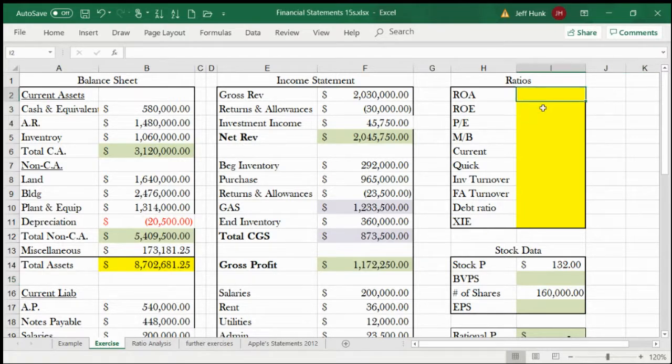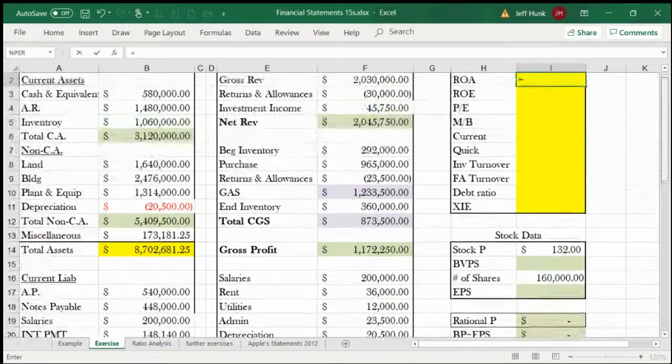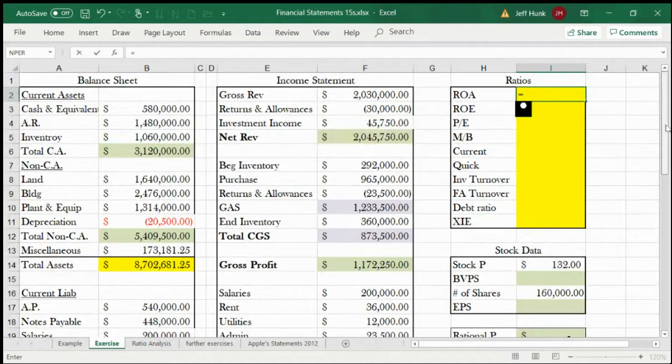So now, let's see what it is. First of all, ROA. We know what it is, right? It's not going to be that difficult. ROA is simply profit over total assets. Where do you have to look for the profit?